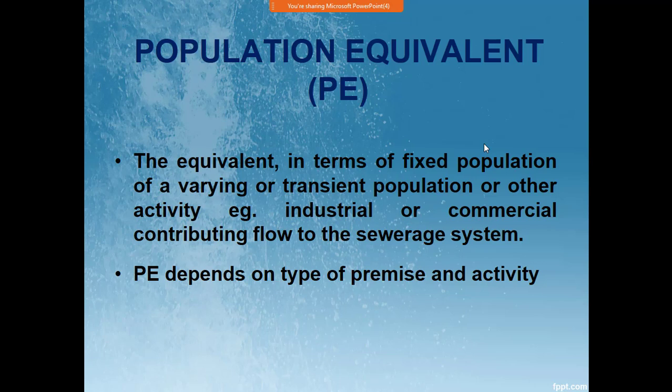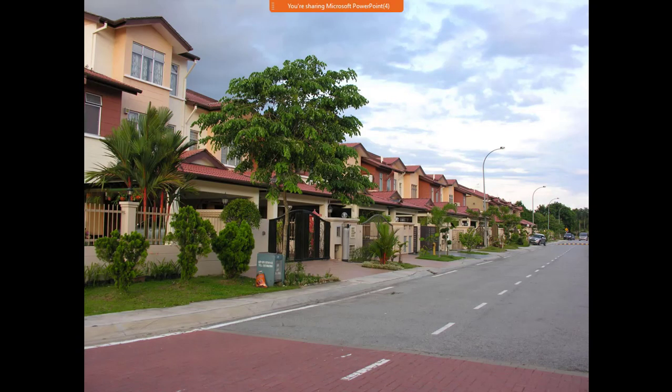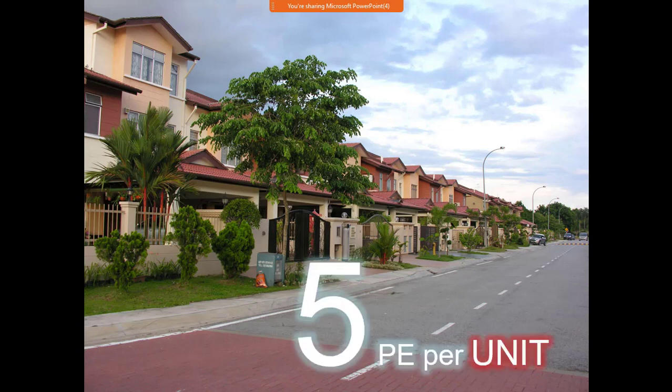Now let's see here, for each premise and activity, how we will convert it to population equivalent. Never mind where this place is. We just want to know that for each housing unit, whether it is a house or an apartment, it is the same: we have 5 PE per unit.